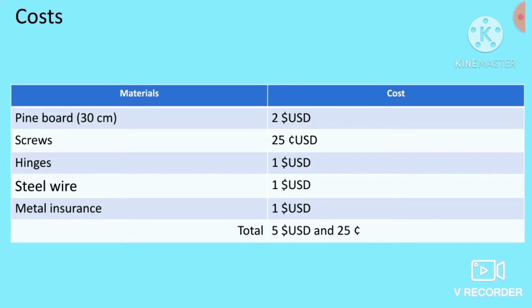Screws, its cost was 25 cents of a dollar. Hinges, its cost was $1. Steel wire, its cost was $1. Metal insurance, its cost was $1. In total, we spent $5.25.